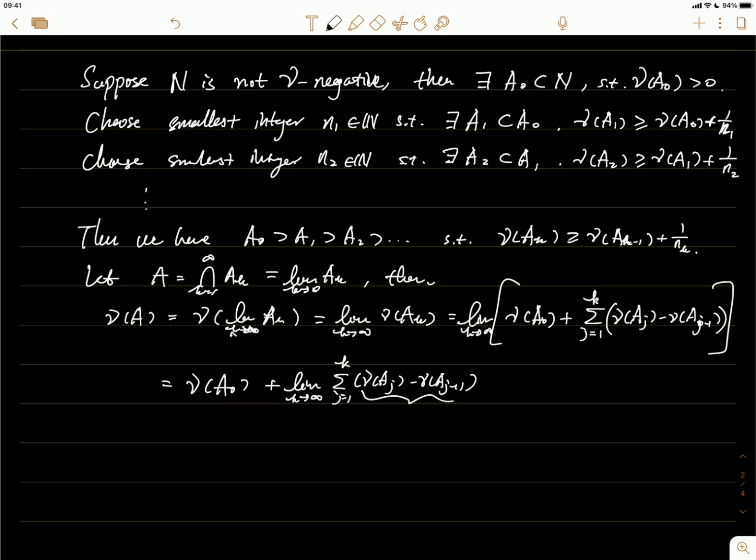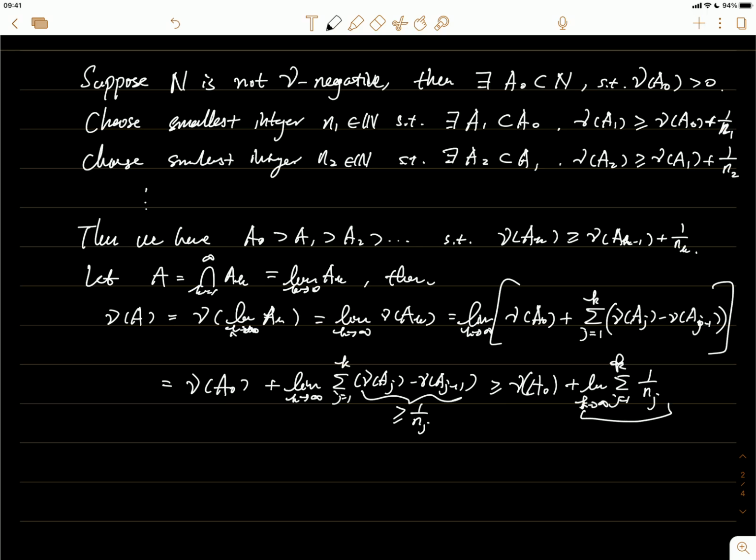but here we know that this one is bigger than or equal to 1 over nj. As we showed here, for each k we know this, right? So it's bigger than or equal to 1 over nj, and this sum is just bigger than or equal to the limit of the sum j from 1 to k of 1 over nj, as k goes to infinity.